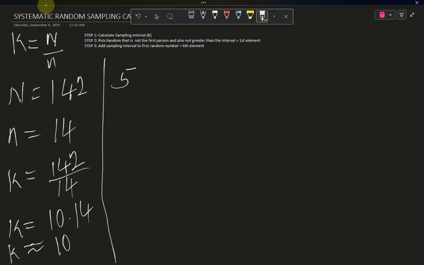So the random number is equal to 5, which is equal to first. That will be your first element.